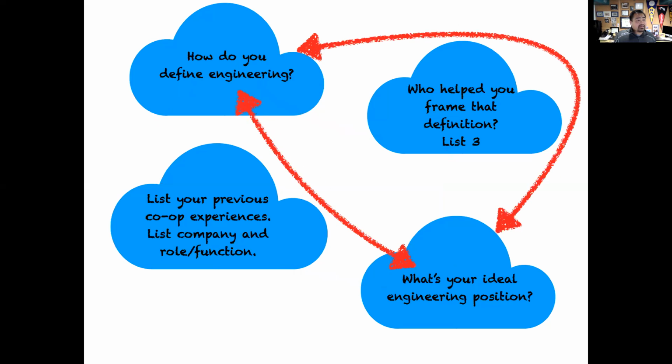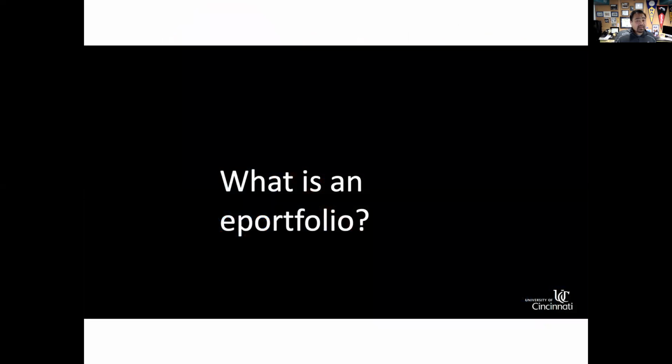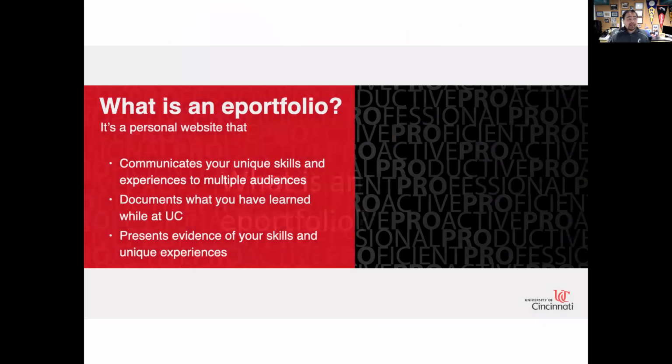And I talked about this earlier. So again, what is an e-portfolio? An e-portfolio is a static document, as I mentioned earlier. But if we had to take a specific snapshot in time of who you are, where you are, and what you're doing, you have documentation of your learning, right?